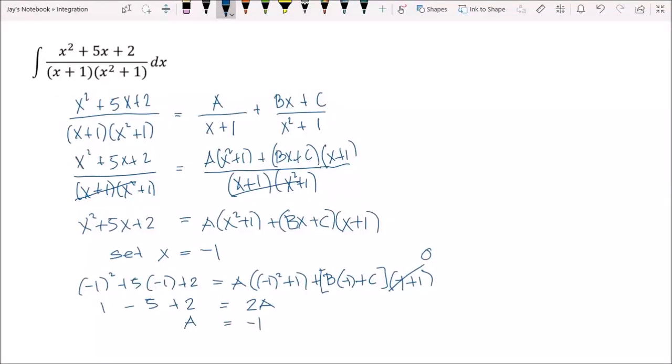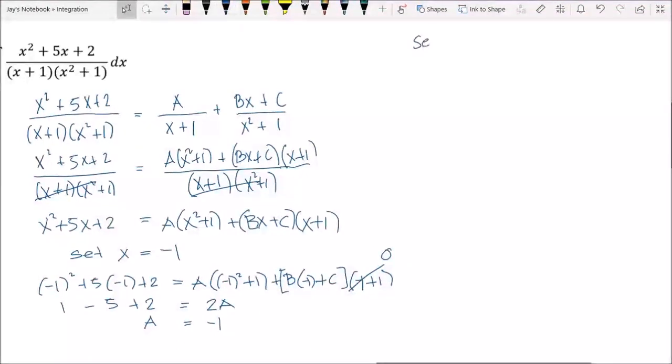After this, we compute B and C. Set x is equal to 0, so that means 0 squared plus 5 times 0 plus 2 is equal to A times 1 plus, since we have B times 0, that's 0, so the remaining would be only C, times (0 plus 1), that is 1.